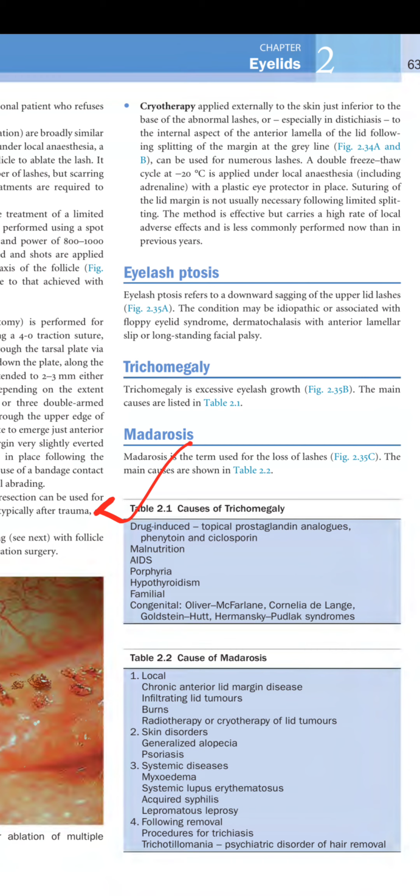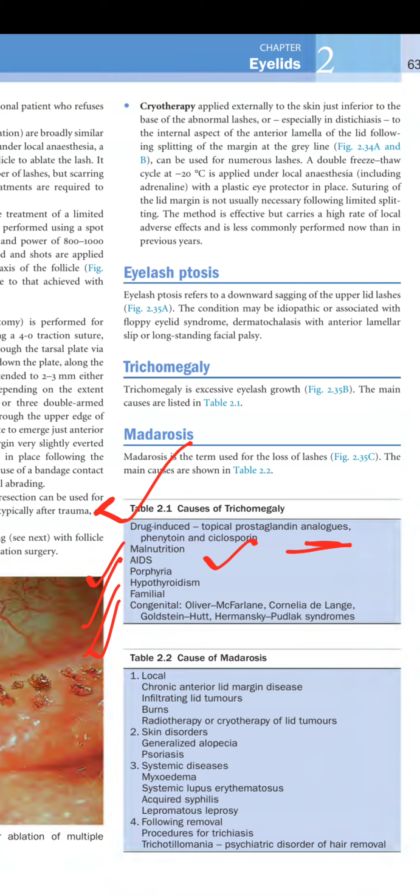So causes of trichomegaly are drug induced: topical prostaglandin analog, phenytoin and cyclosporine. Malnutrition, AIDS, porphyria, hypothyroidism. Familial, which causes congenital. Oliver-McFarlane, Cornelia de Lange, Goldstein-Hutt, Hermansky-Pudlak syndrome. So these are some kinds of causes of the trichomegaly.